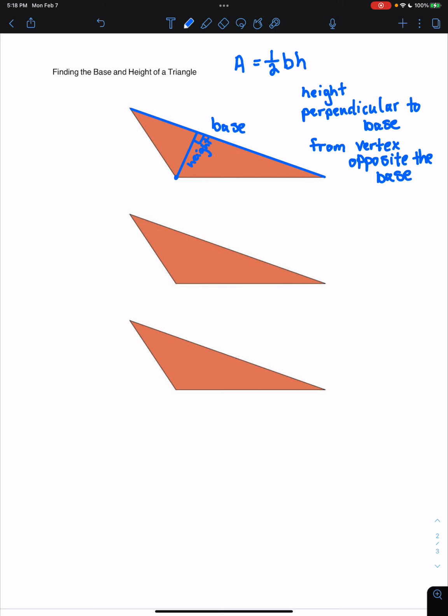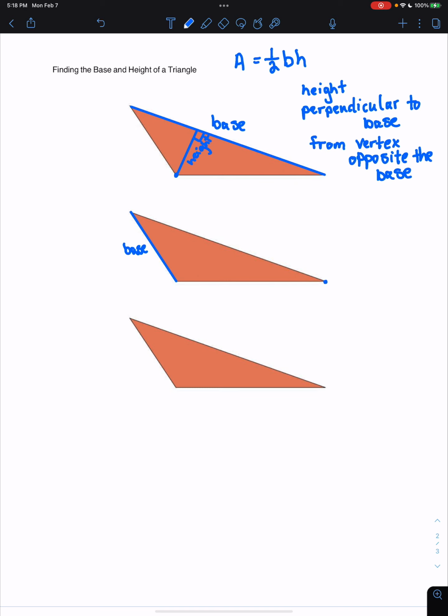But I have other options for a base, right? So I could choose this side as my base. So what if this is my base? So this would be my vertex that is opposite the base. And now I'm going to turn my tablet that I'm working on so I can get a better idea of where my 90-degree angle goes.